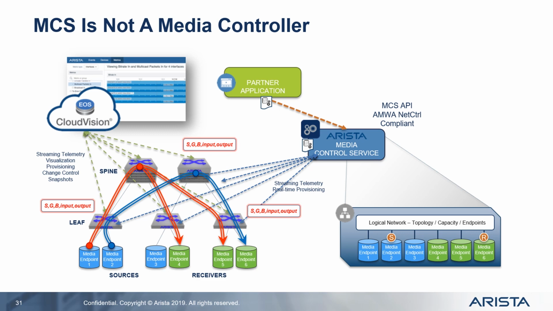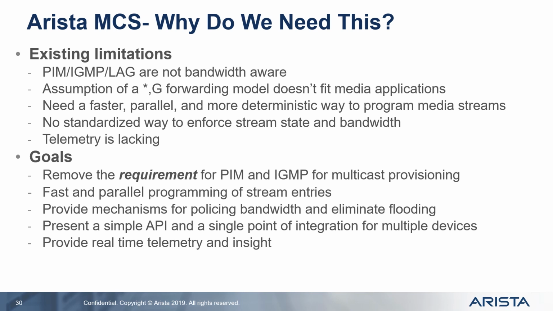This is really important to know because it provides the ability to have a bandwidth management system and not rely on the routing protocols. Again, I'm going to stress that Arista MCS is not a controller on its own. It is just an intermediary between your standard broadcast controller and your networking switches.